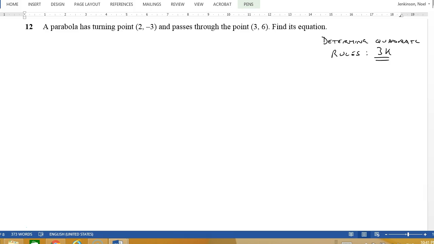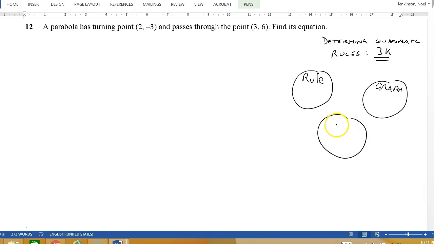Any mathematical relationship can be expressed in 3 ways. It could be expressed as a rule, as a graph, or as a set of points or a table of values, or key points.